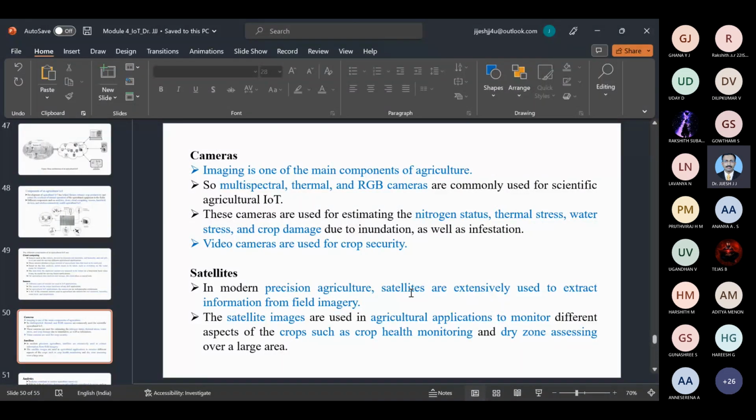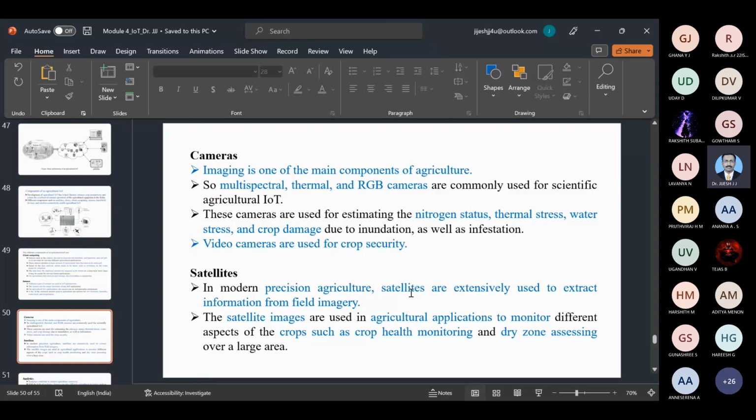It doesn't make any sense if you are just collecting the information. It is very important for us to analyze the information. So analysis of the entire modern agriculture process is very important, and it plays a massive role in the productivity of the fields, and it's very much helpful for us.